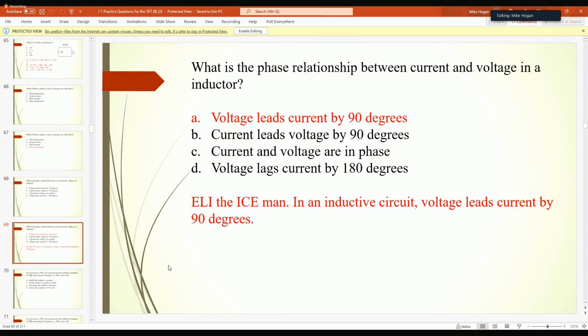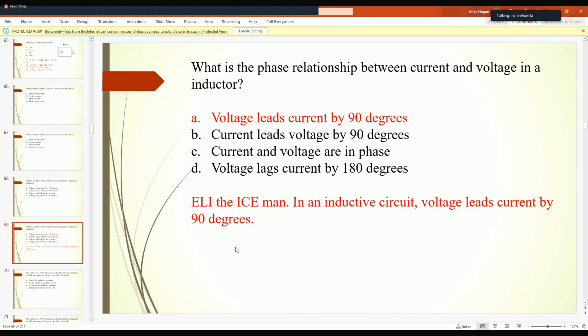And so you get the voltage, you get a building of the magnetic field during the change, and that causes the current to lag behind the voltage. Once the magnetic field is built up, then you get your full current. And so you're going to have max voltage ahead of your current. In an inductor, voltage leads current. E, voltage, current is the I.